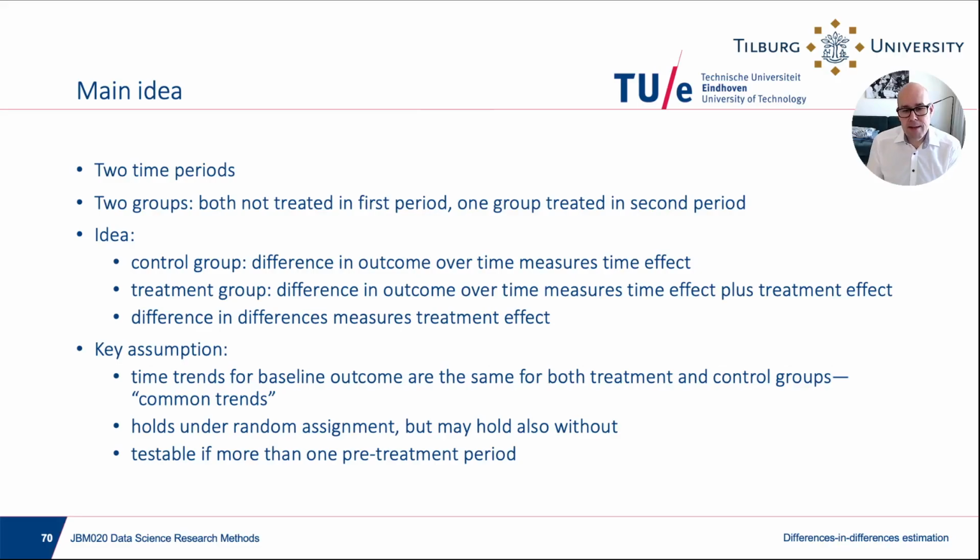We will see that we can use data to see whether they do or are likely to hold even if there was no random assignment of treatment status, and this is actually one of the big advantages of this approach here, that we can use data where treatment assignment was not random. But we need to convince ourselves, and there's something that we can do about this, that we will talk about, that common trends actually do hold.